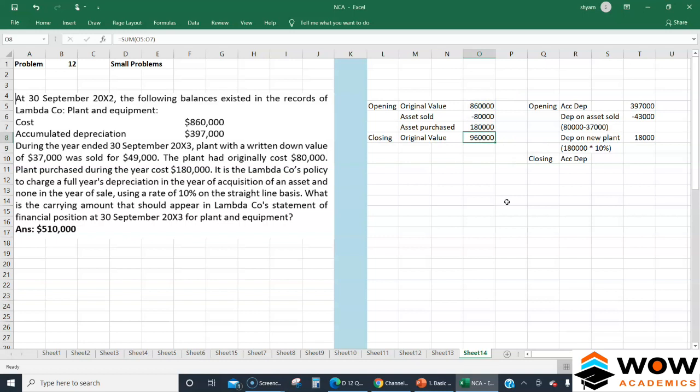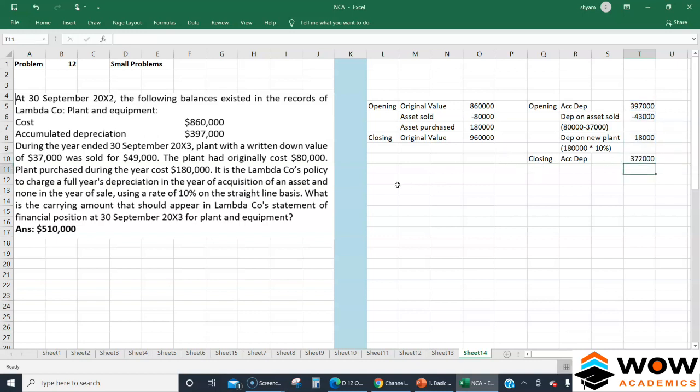The closing original value is 9,60,000 and the closing accumulated depreciation we have to calculate. So that seems to be 3,72,000.